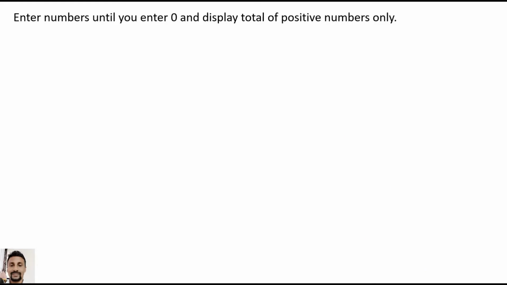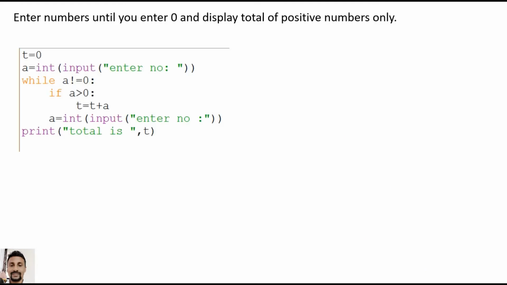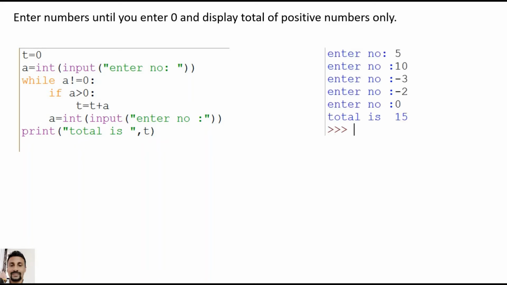I am taking another example. Enter numbers until you enter 0 and display the total of positive numbers only. Now here inside the while loop, like the earlier one, I am using an if condition to check whether it's a positive number. How can I check whether it's a positive number? If it is greater than 0, you can tell it's a positive number. Then only you have to add that number. Now look, inside the while loop I have indented the if condition.